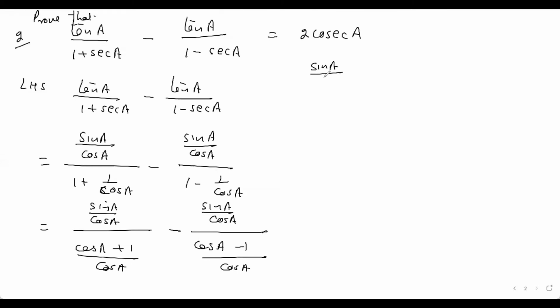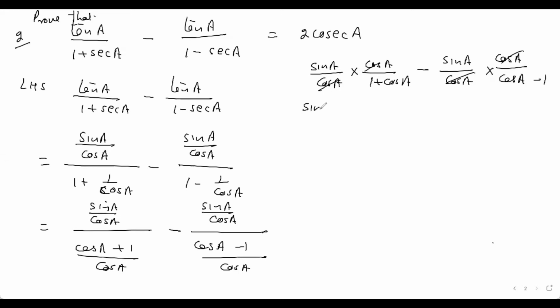Sin A upon cos A upon 1 plus cos A, minus sin A upon cos A into cos A upon cos A minus 1. Now you have sin A upon 1 plus cos A minus sin A upon cos A minus 1. So I have 1 plus cos A minus 1.